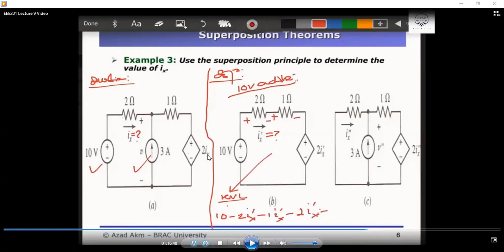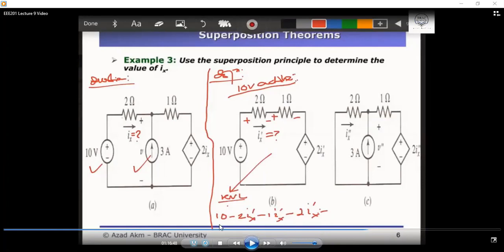When it is Ix prime, this will be 2Ix prime. This is Ix double prime, that's why it is 2Ix double prime, remember. So the dependent source variable will be changing accordingly. So it's minus 2Ix prime because it's a voltage drop, equal to 0. So from this equation, straight away you can find the value of Ix prime.